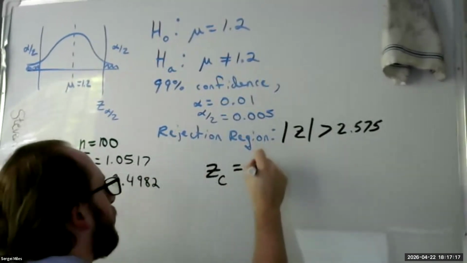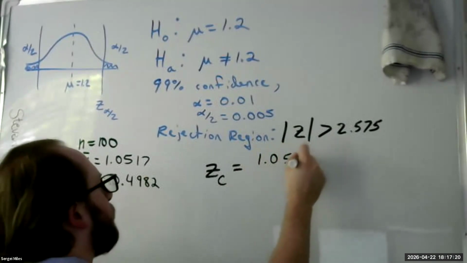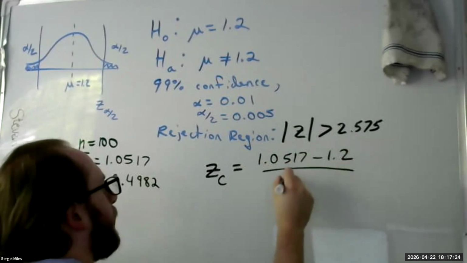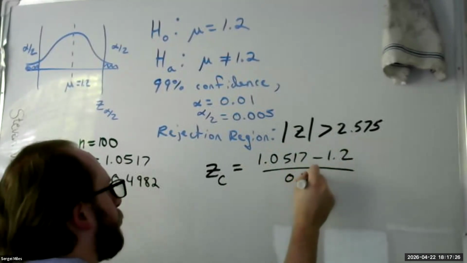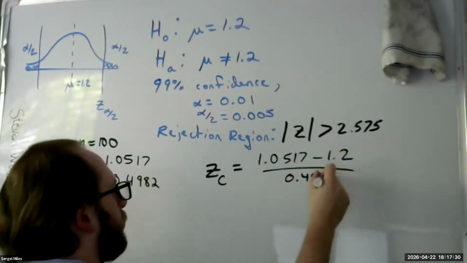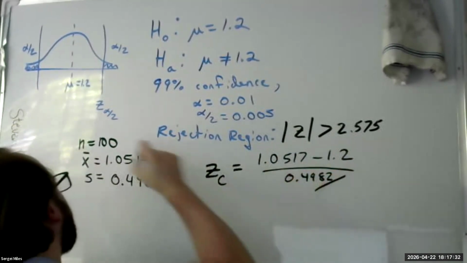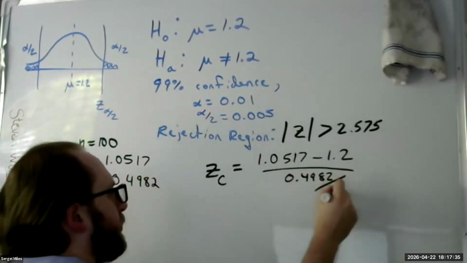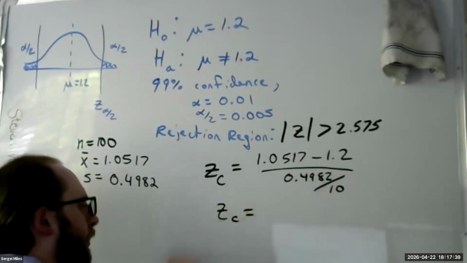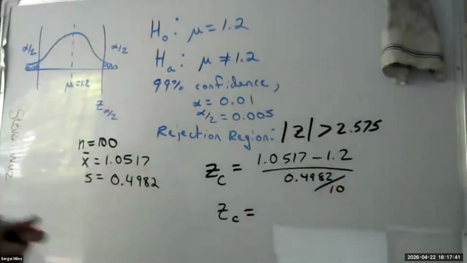So I'm going to have 1.0517 minus 1.2 divided by 0.4982 divided by the square root of 100, which, easy enough, that's 10. All that's left now is to put this into a calculator and see what we get.